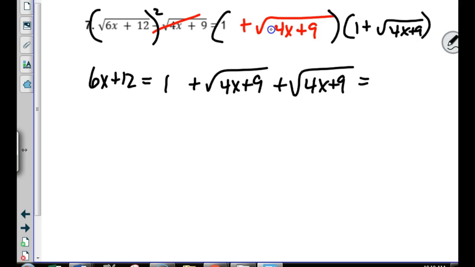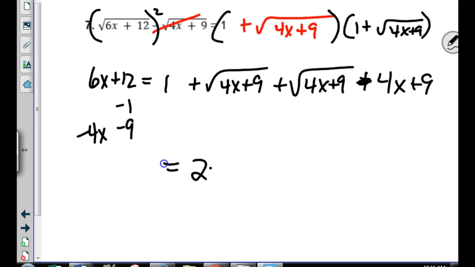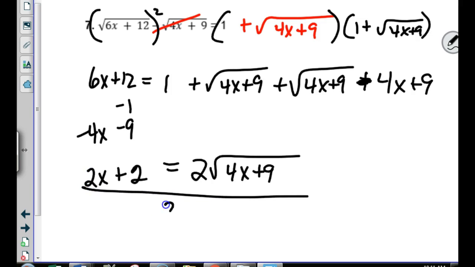And when I multiply square root of 4x plus 9 times square root of 4x plus 9, I just get 4x plus 9.